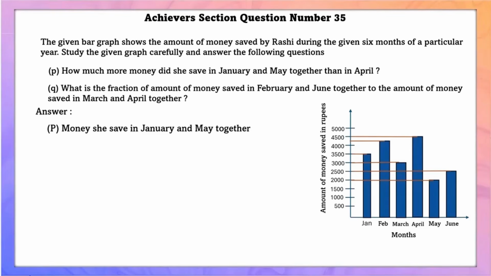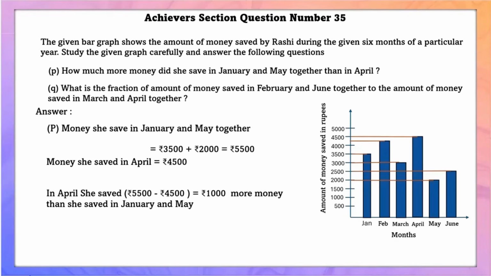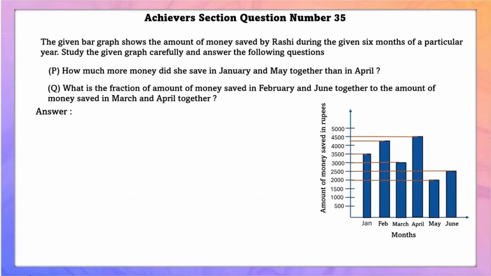Money she saved in the months January and May together is equal to 5,500 rupees. Money she saved in April is equal to 4,500 rupees. In April, she saved 1,000 rupees more money than she saved in January and May together. Question 2.